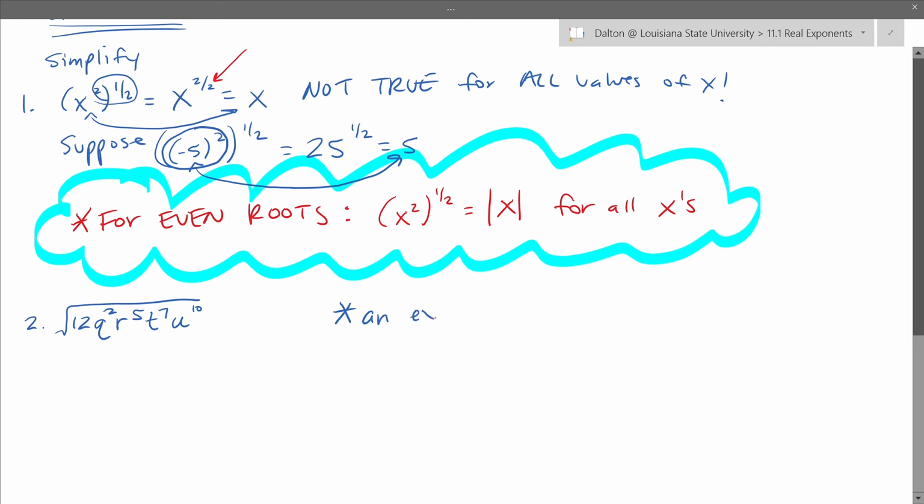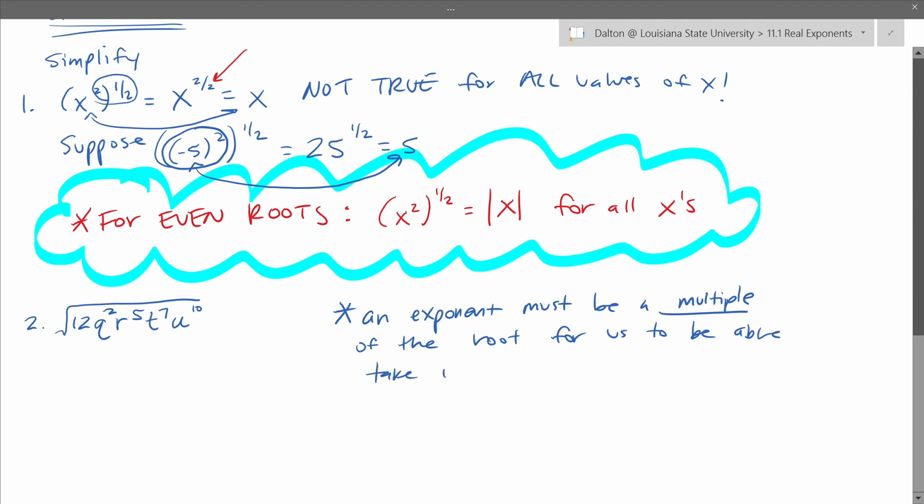An exponent must be a multiple of the root for us to be able to take it out of the radical.